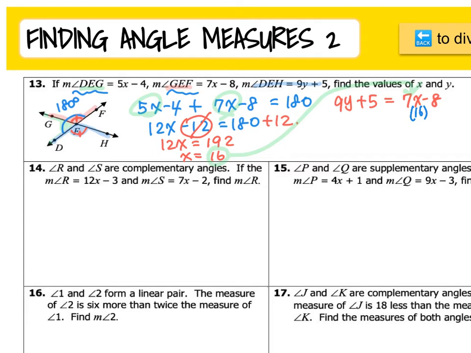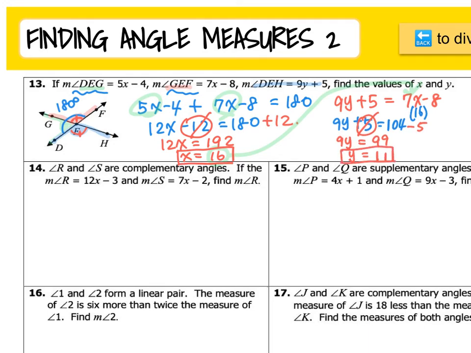So we can set up that 9y plus 5 equals 104, and subtract 5 on both sides. This will cancel out. 9y equals 99. Divide by 9, y equals 11. So x is 16 and y will be 11.